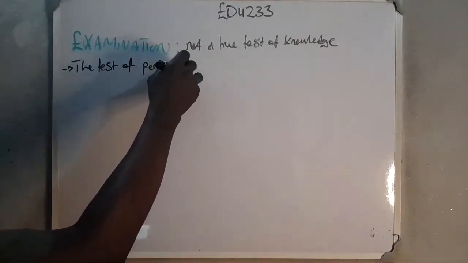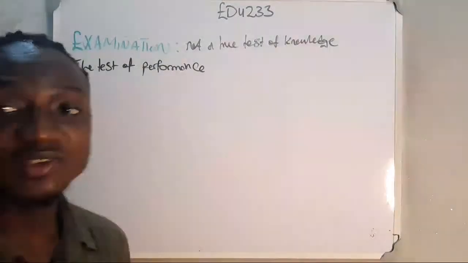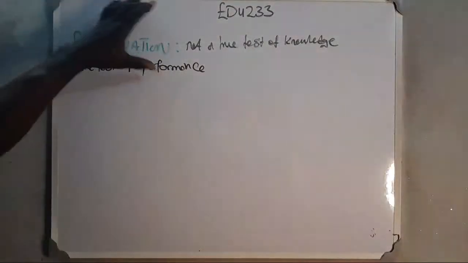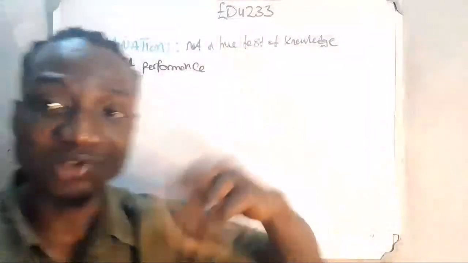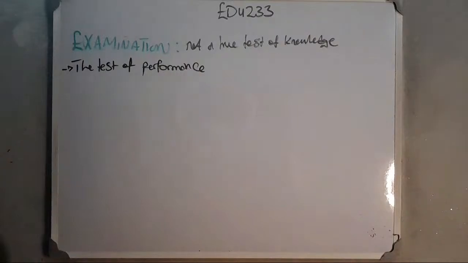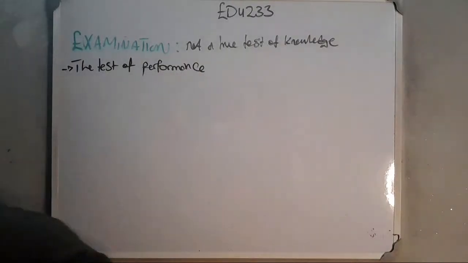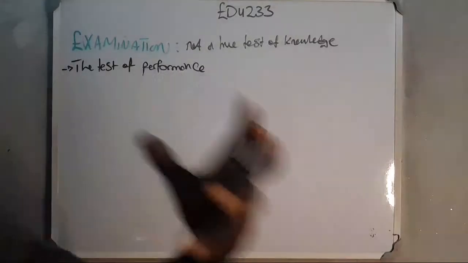Examination is more of a test of performance. Now when I say performance, don't forget we made mention of this in our previous class. You only set exams on what has been taught. And why do we set exams?